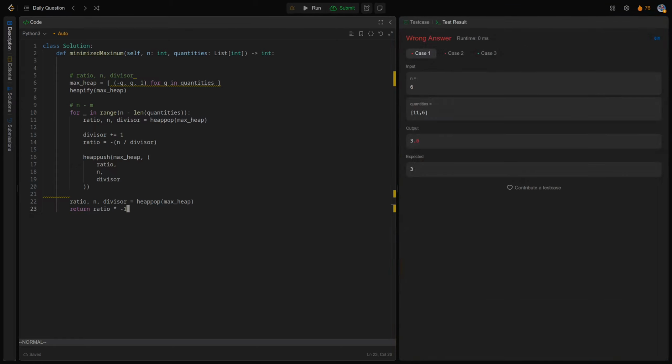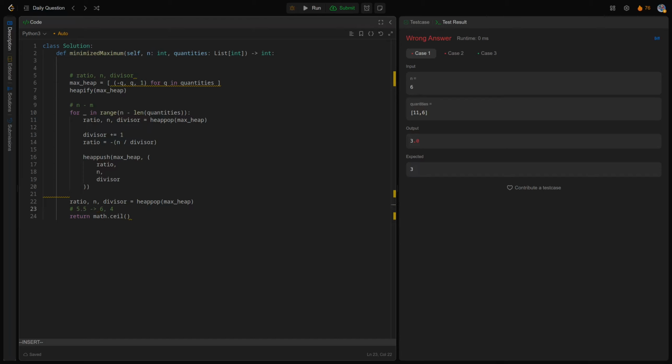Oh, we actually forgot one thing right here. Okay, there we go. So we're going to actually do the ceiling. Math ceil. And the reason is because we could have something like 5.5, and that will become 6 and 5, right?